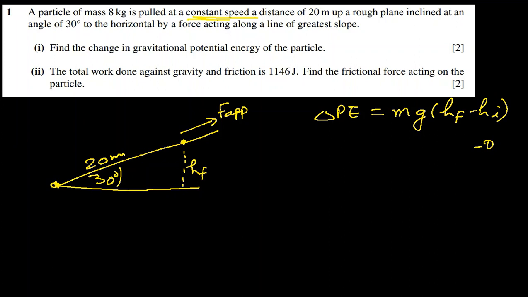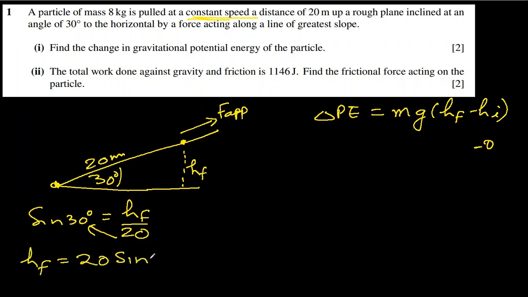Sine 30 in this triangle is equal to the opposite, which is HF, over hypotenuse 20. So HF equals 20 times sine 30, and sine 30 is half, times 20 is 10 meters.